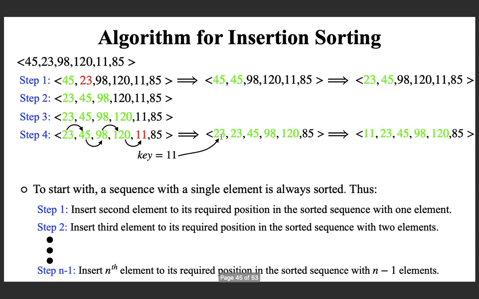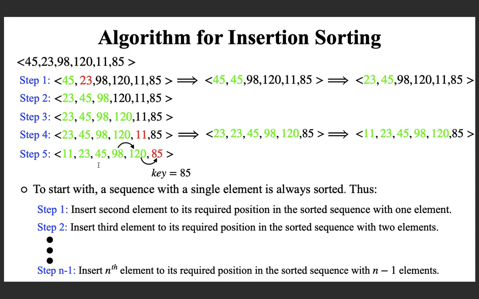So, you are getting n minus 1 elements sorted, and now the last step, 6 elements are there. So, the last step is step number n minus 1, or 6 minus 1 is 5. So, you are trying to insert here. So, you have to right shift as long as, starting from the right, the value is greater than this key value. So, take key as 85, then you right shift.